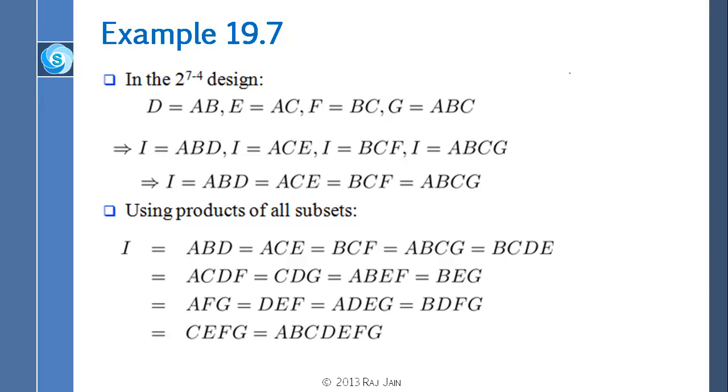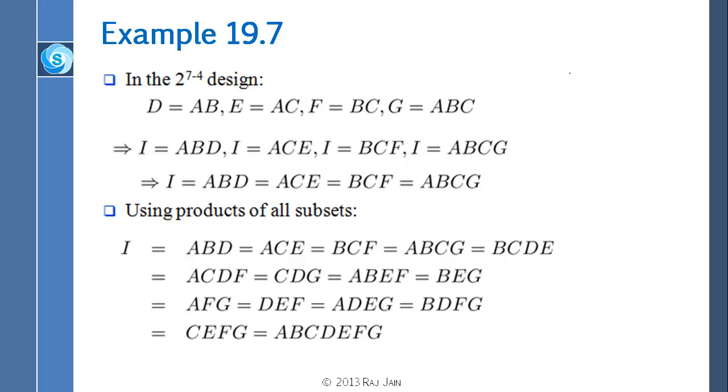In the 2 raised to 7 minus 4 design that we had done, the interactions are even bigger. In that case, what we had done was we had written D equal to AB, E equal to AC, F equal to BC, and G equal to ABC. We have replaced these columns like this. Now you can keep multiplying each of these 4, and you get 4 new confoundings. For example, if I multiply by D, what do I get?